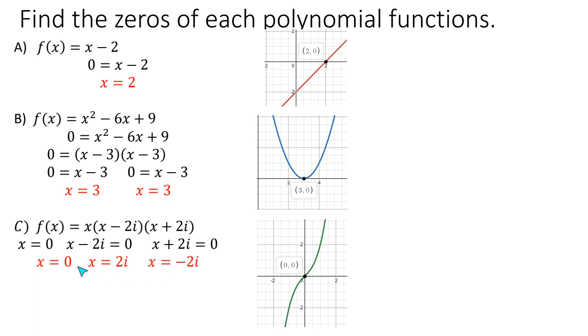So in this example, we have one real number, which is 0, and then we have two imaginary solutions, which are 2i and negative 2i. Since they are imaginary, we don't see them on the graph, but they are counted in the total number of zeros.